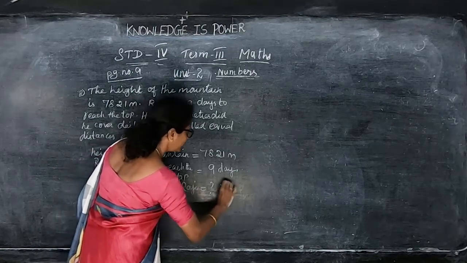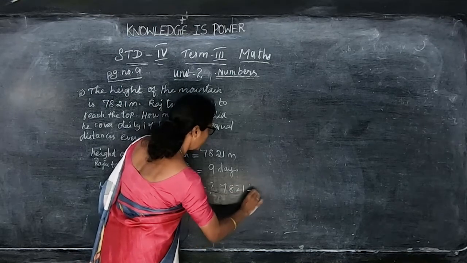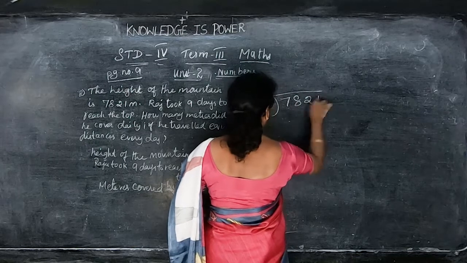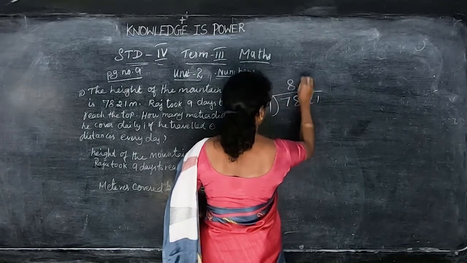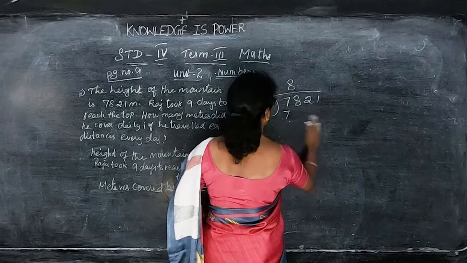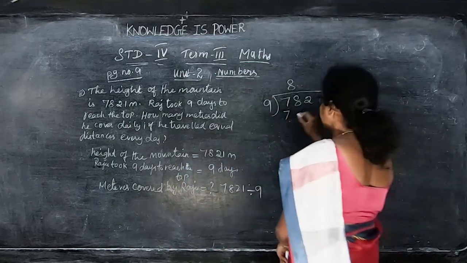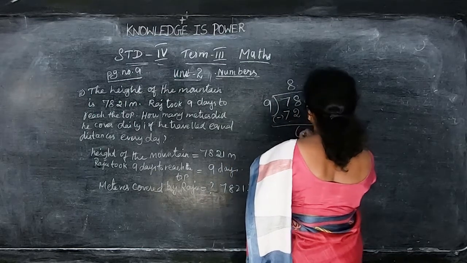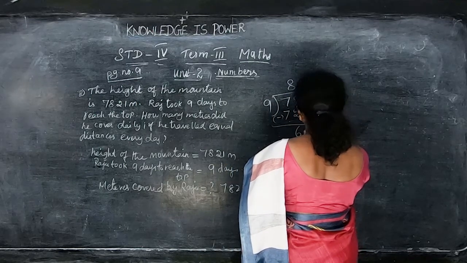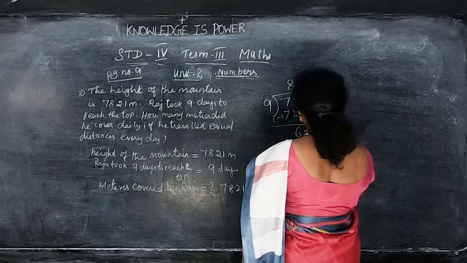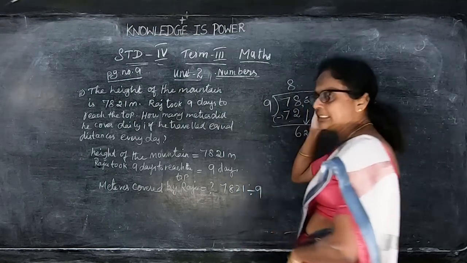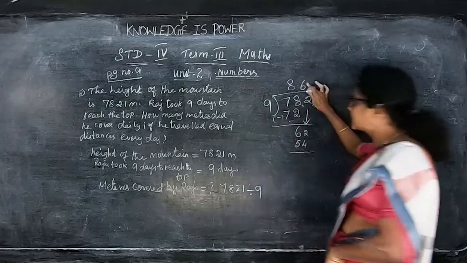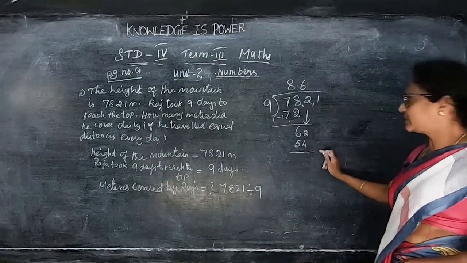How many meters? That is 7,821 divided by 9. So 7,821 divided by 9: 9 8s are 72, 9 5s are 45, 9 6s are 54, 9 7s are 63. 78 minus 72 is 6 and you bring down the next number. 9 5s are 45, 9 6s are 54, 9 7s are 63, we can't put that, 62 is smaller than 63.